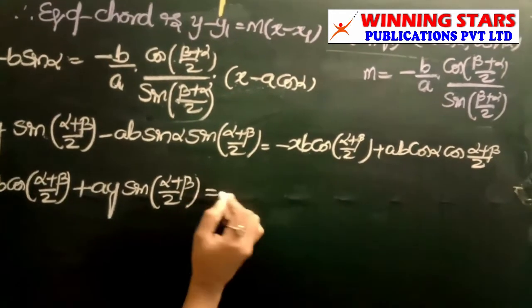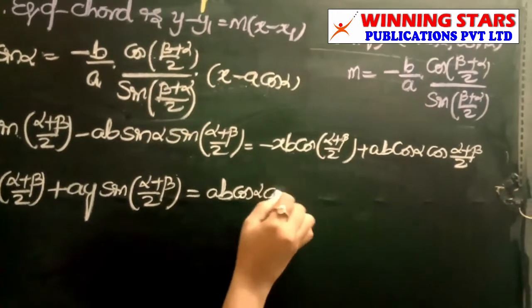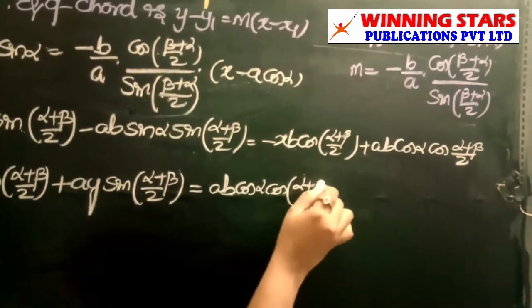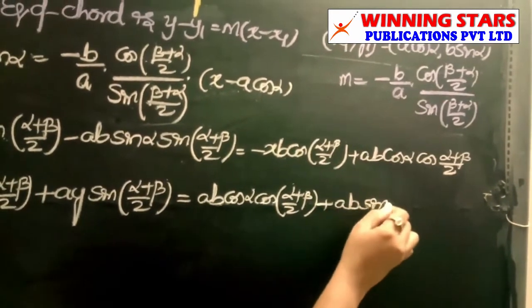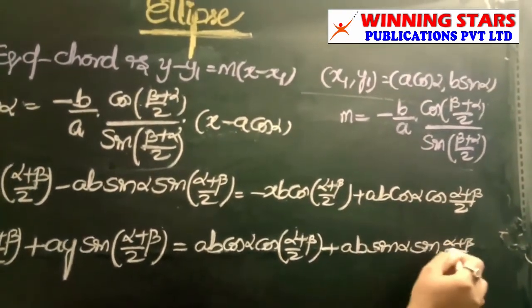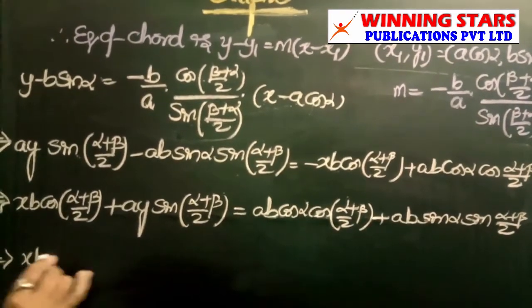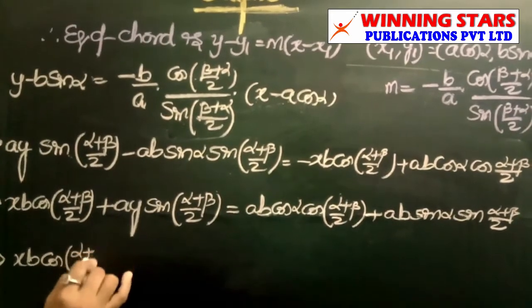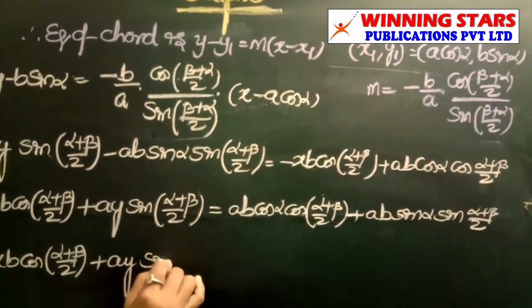That is ab cos((α+β)/2) plus ab sin((α+β)/2), which implies xb into cos((α+β)/2) plus ay into sin((α+β)/2).